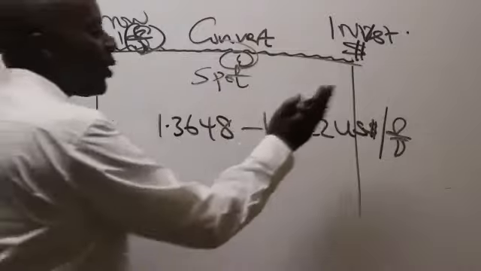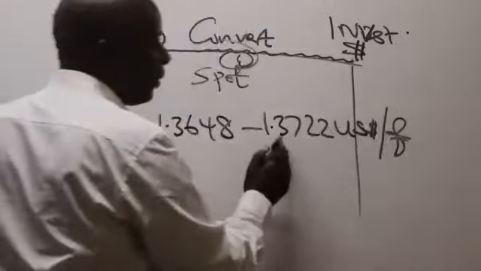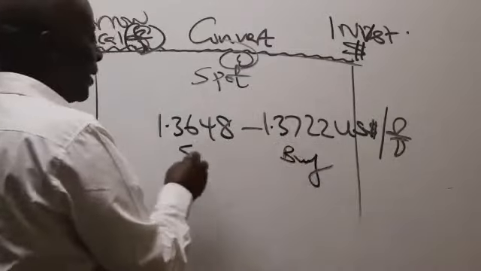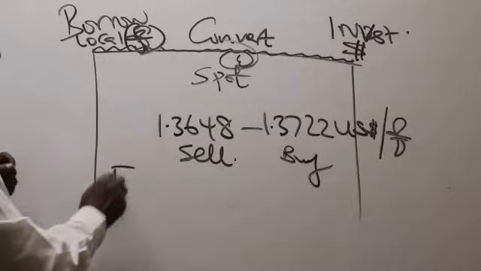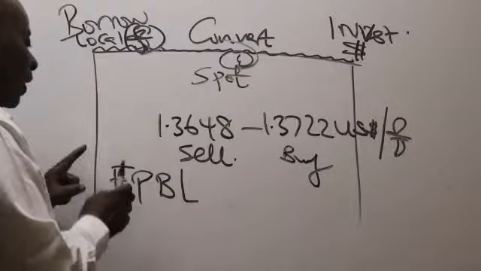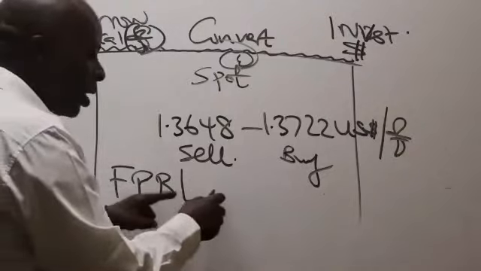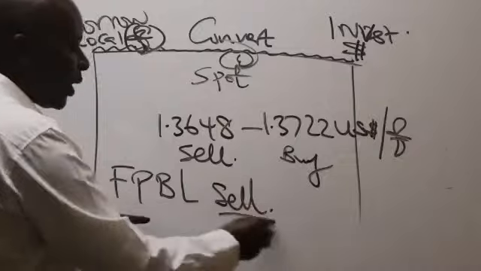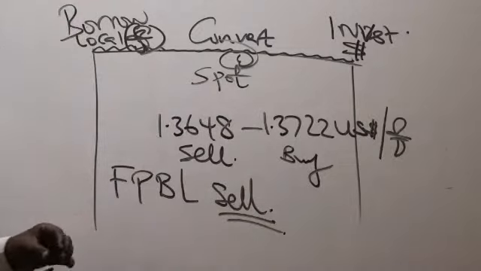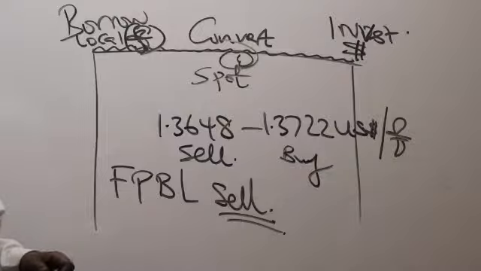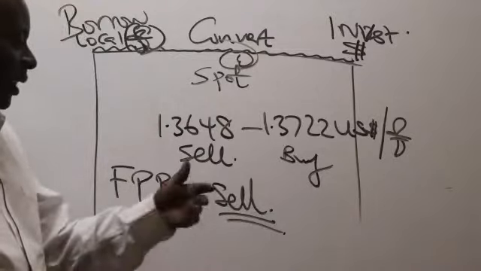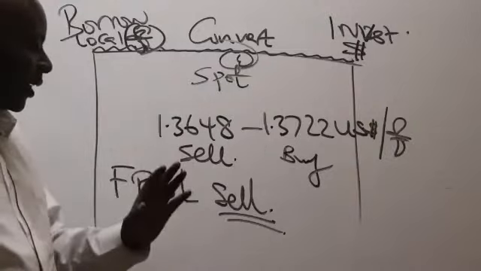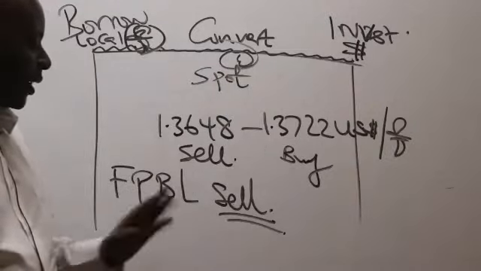So remember, our home currency here is the pound. Pound iko pande hii, kwa hivyo namaanisha ndio buy. Na hii ni gani? Sell. Now, tell me the rule to be used. The rule to be used is foreign payment, borrow local, and the local in this case is sell.